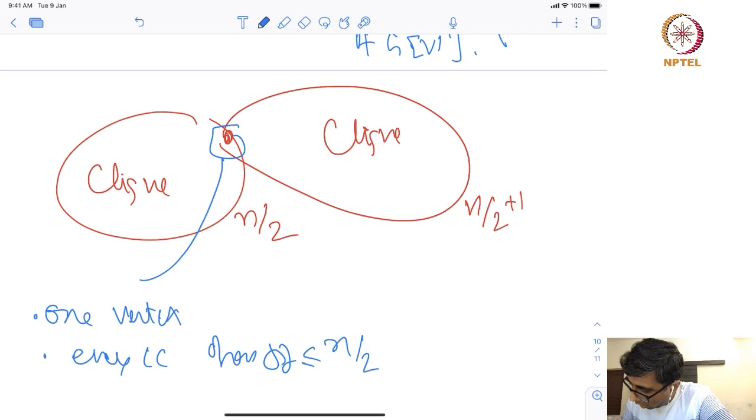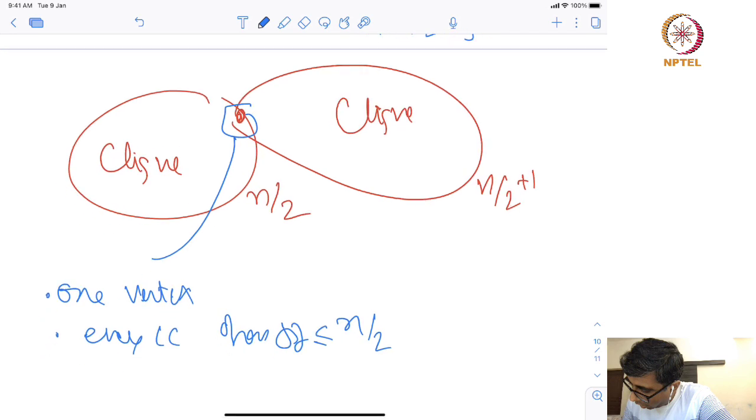n over 2. But now, look at a clique. You can't delete fewer than n by 4 vertices and get a component of size at most half of what you started with. So if you wanted to get a component of size n by 4 from this clique, you need to delete at least n by 4 vertices.